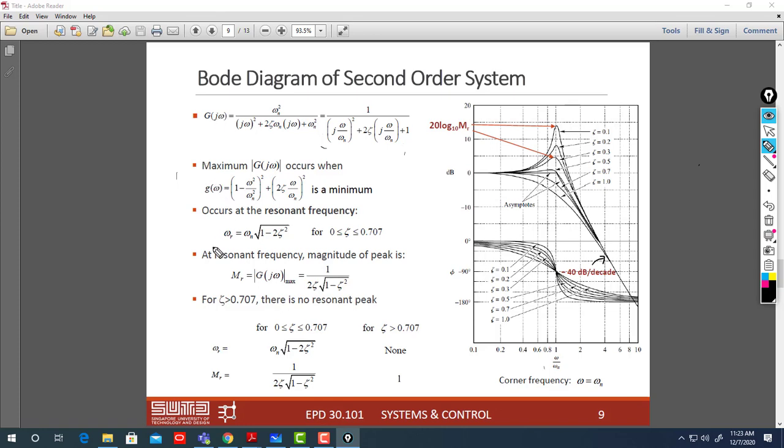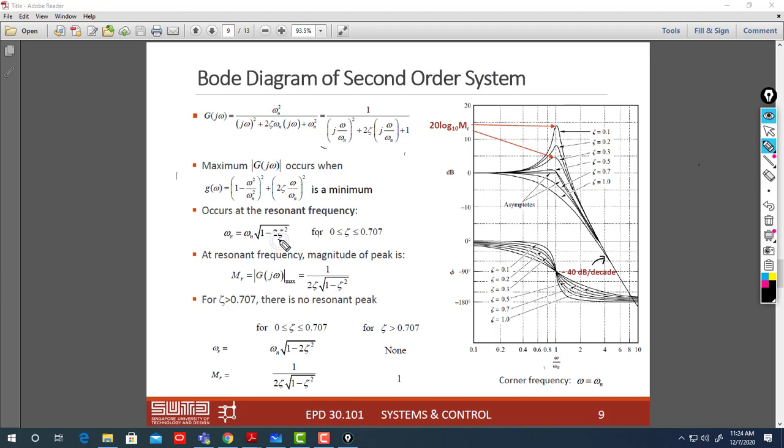This omega we call the resonant frequency. Now we can see that the resonant frequency is not exactly the natural frequency. The resonant frequency is not equal to omega n. The natural frequency equals omega n only if you have no damping, if your damping is 0.